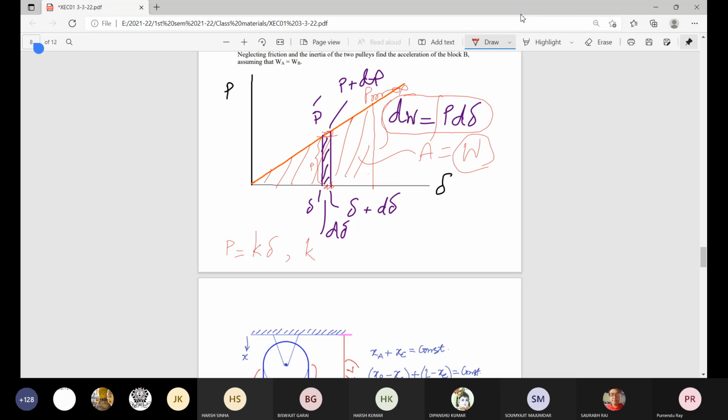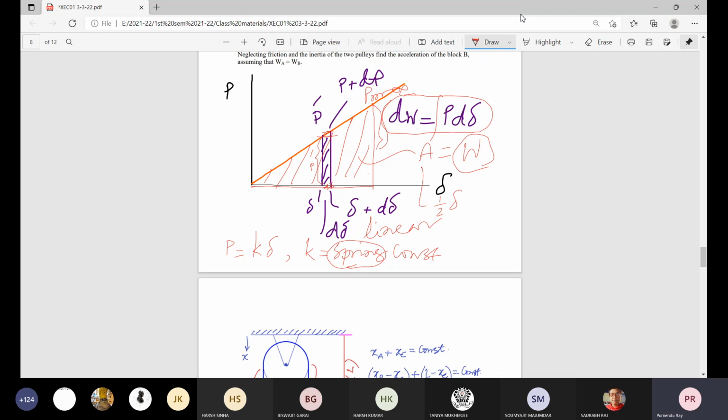Now where K is the spring constant and this spring is linear spring due to this straight line relation for P versus delta. Okay, and what about this area? Half base. What about this base? It is delta.